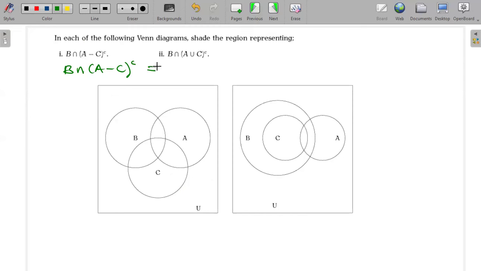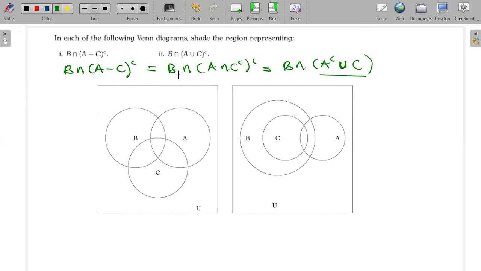I can simplify this by writing B intersect, then A intersection C complement, then the complement. You can distribute that complement such that I have B intersect A complement, then union, that sign changes by De Morgan's laws, union C. Okay, so this is what we are going to have.